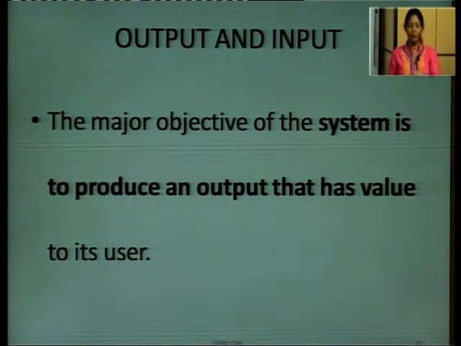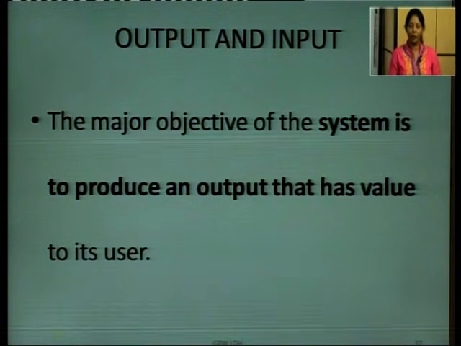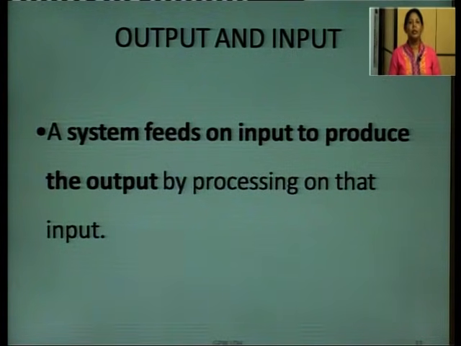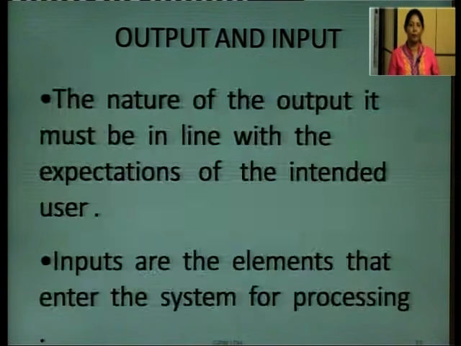So it is necessary to specify the nature, the amount and the regularity of input needed to operate the system. We can say that a system feeds on input to produce output by processing that input.